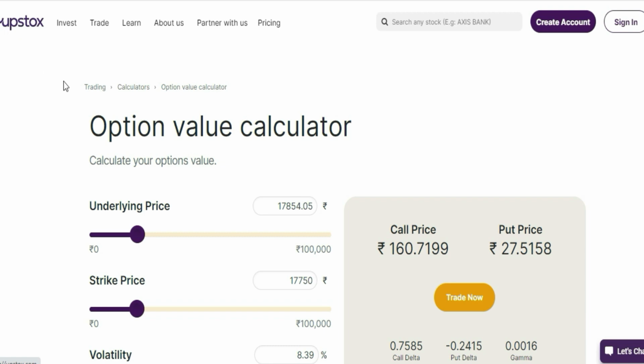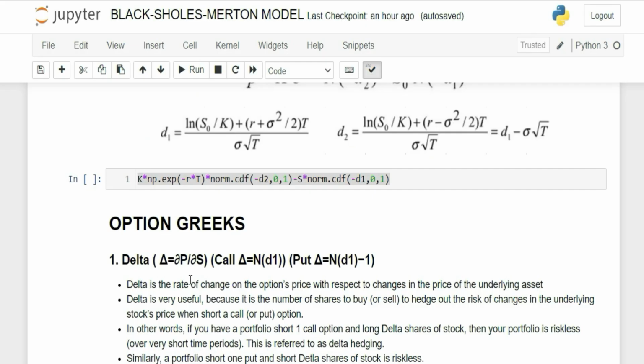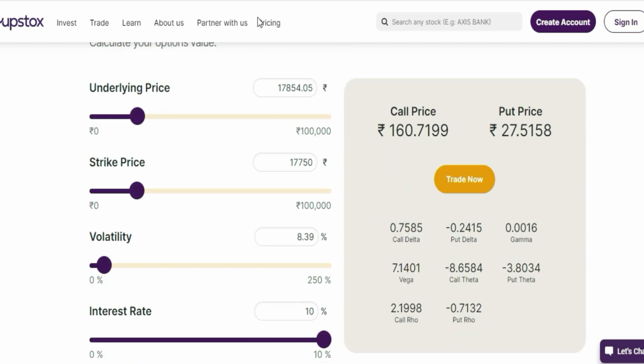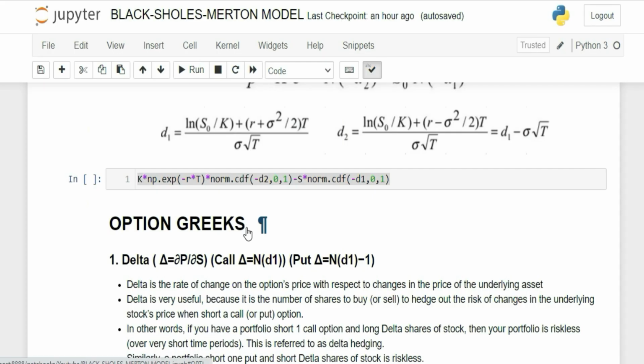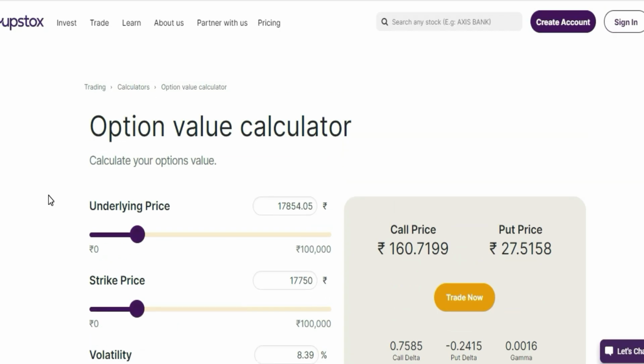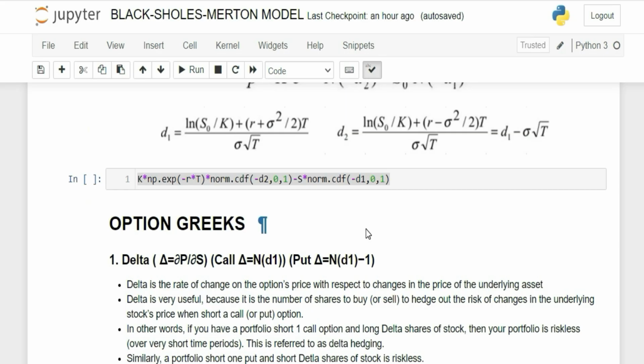I'm not going to use this calculator for computing, but we are going to calculate everything here and put the parameters here to see whether our result is matching with this or not. If it is matching, it means that our mathematical equation in Python is correct. So just to verify, I'm going to use this one. You can use any option value calculator available on the internet to recheck the values.